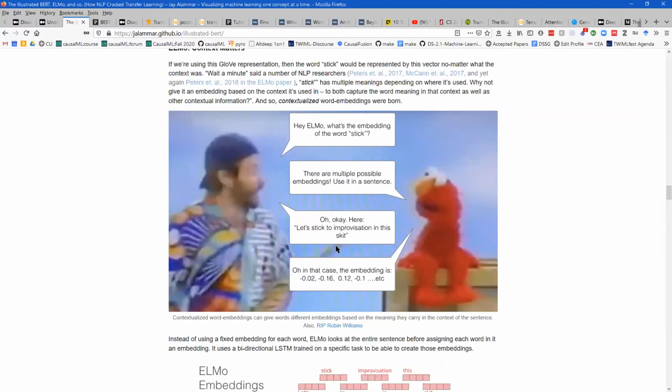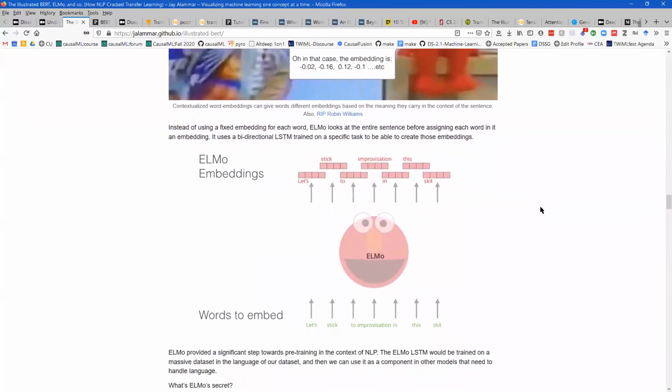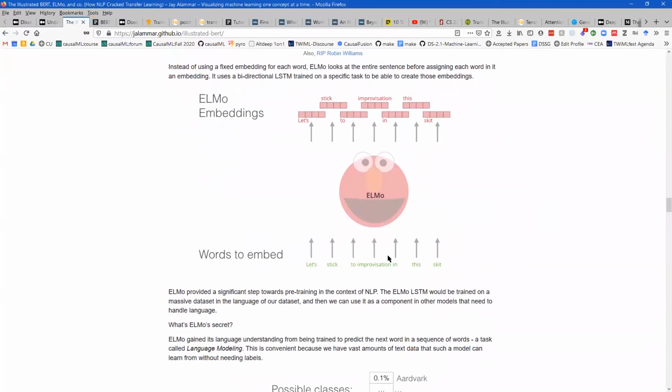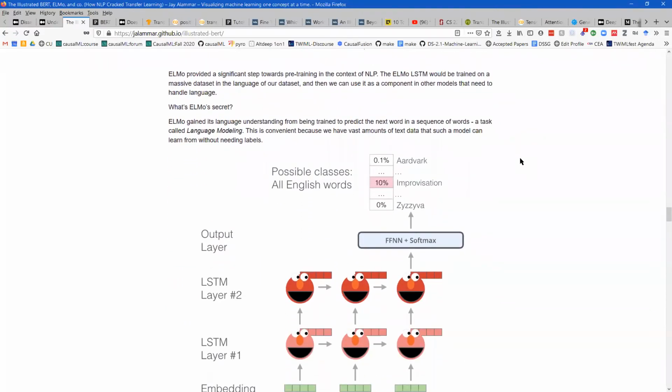So he gives the sentence, and then he says, okay, now I can tell you the embeddings. It says here, instead of using a fixed embedding for each word, Elmo looks at the entire sentence before assigning a word. So input sentence, Elmo, and Elmo then finds the right embeddings for the word.